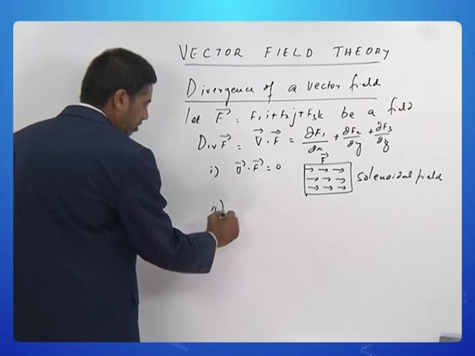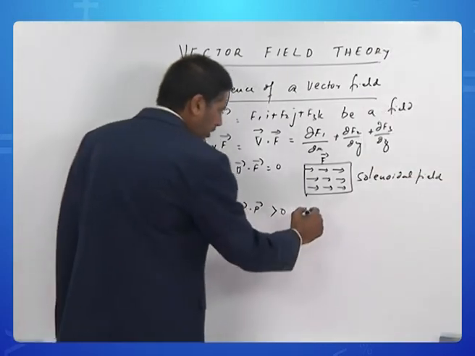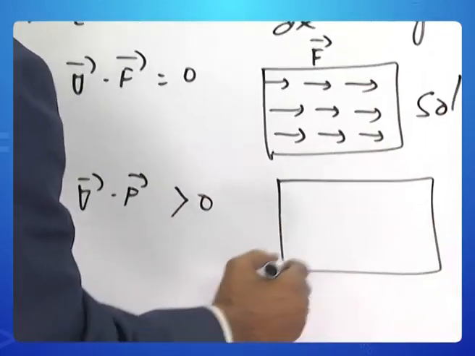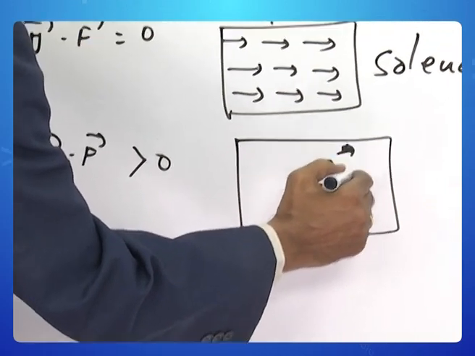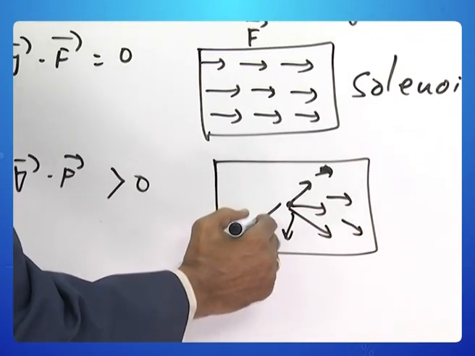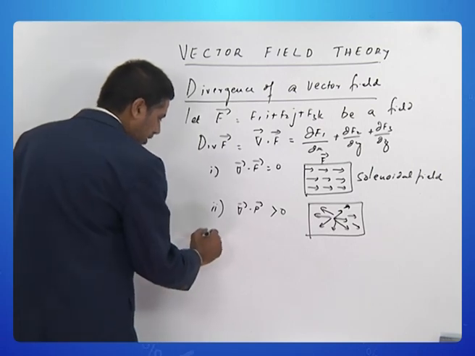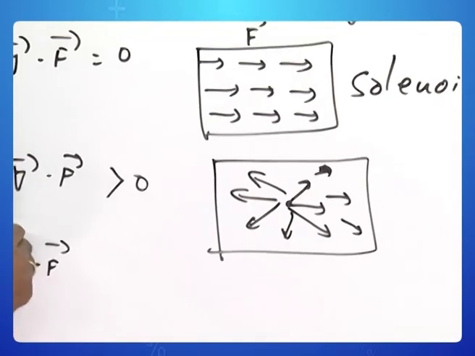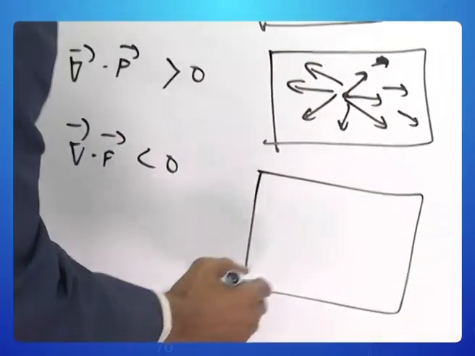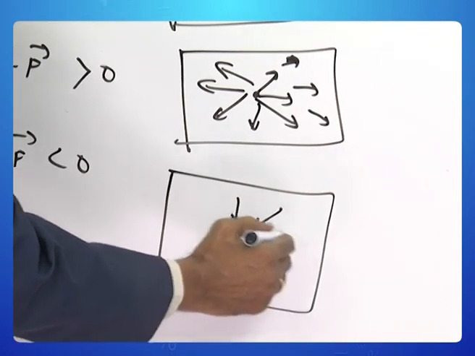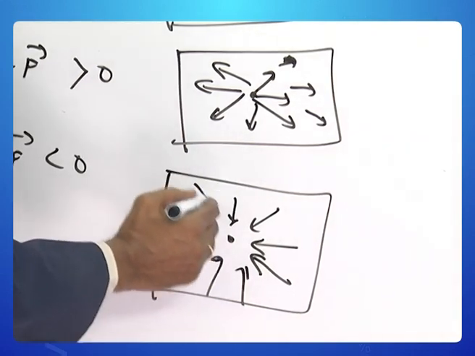The second case, when you have del dot f greater than 0, in which case we have the field vectors leaving from that particular point. And the third case, when we have del dot f less than 0, in which case we have the field elements entering.